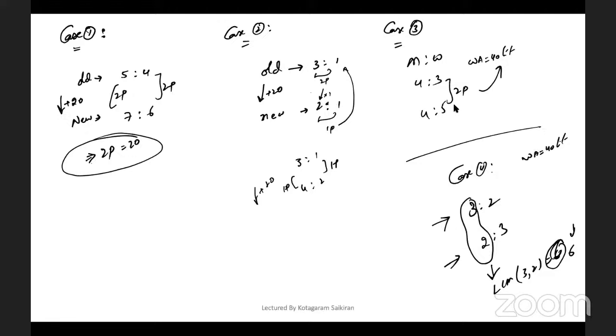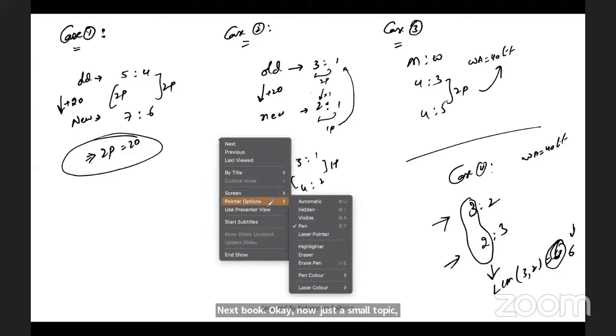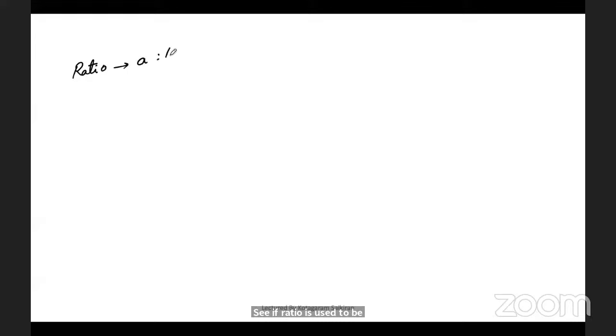Next. Now just a small topic, proportion. Before I get to this, I want to tell you 2 small things which you find in the book. If the ratio is A:B, then the duplicate ratio will be A square is to B square.